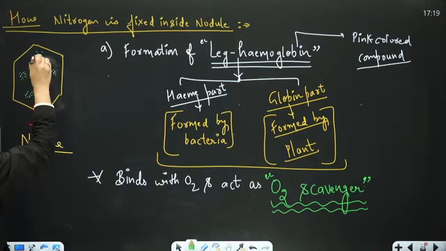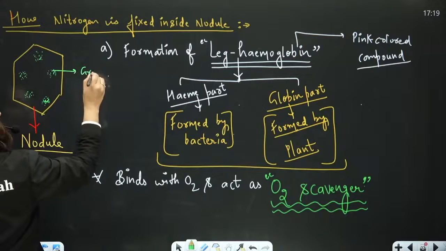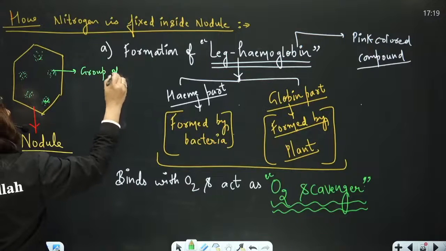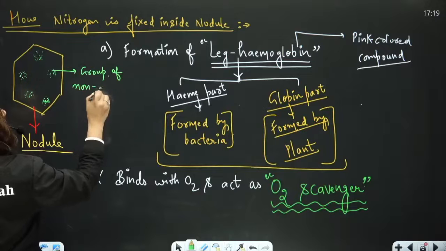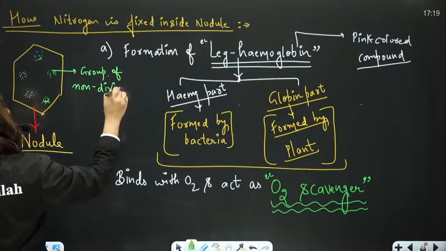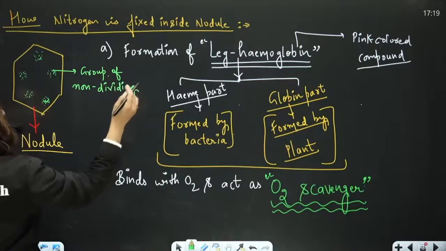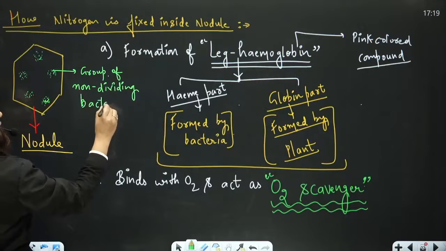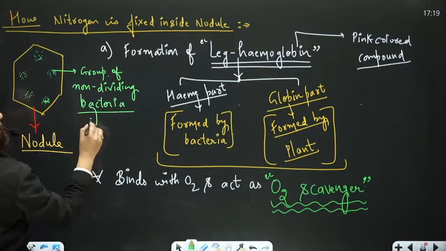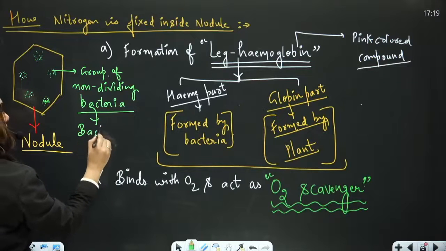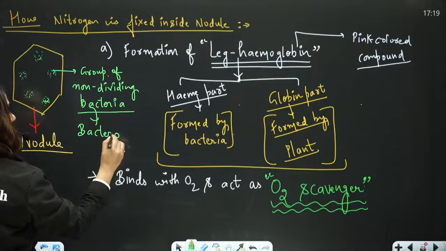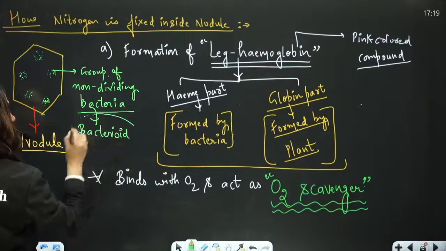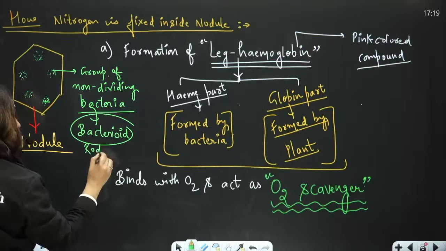This bacteria will not divide anymore, because it has to perform a function, and that function is nitrogen fixation. So this group of non-dividing bacteria inside the nodule is called bacteroid. Okay, and NCERT says that they are rod shaped.